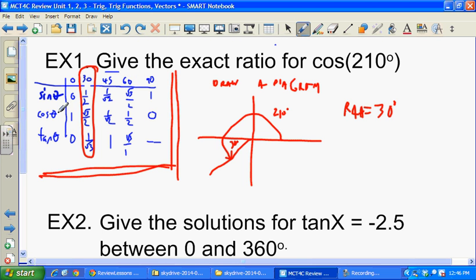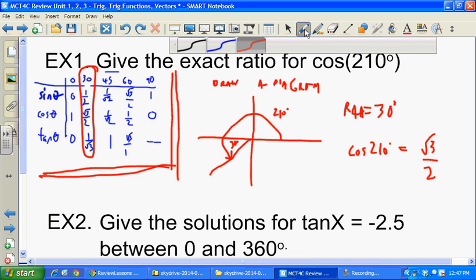And so we see that the cos of an angle with a related acute angle of 30 degrees is the square root of 3 over 2. Now that's not the final answer, because remember, the idea is that's the number part, but it could be positive or negative, right? And that's where the CAST rule came in.